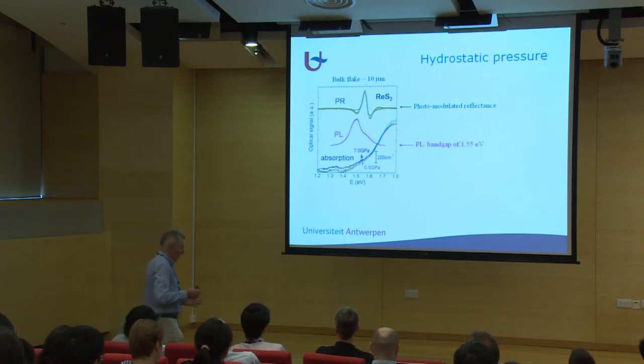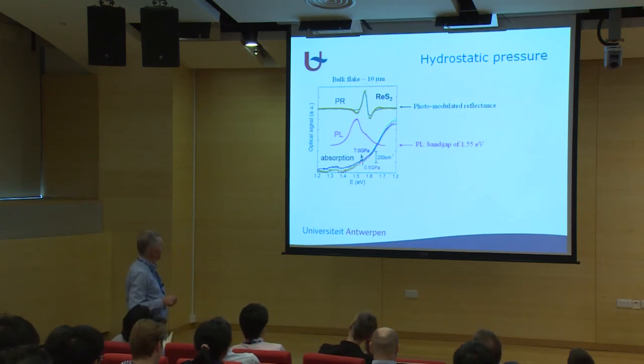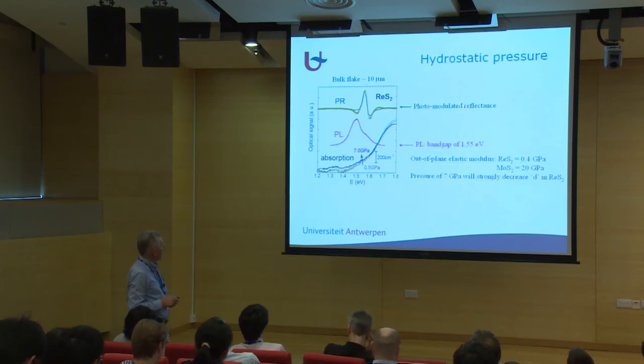Now, of course, if you have very weakly bonded layers, then the one thing to do is simply apply pressure and see what happens. You see that if you look at the absorption, it almost does not change even if you apply pressures up to 7 gigapascal. The band gap also does not change much, and the photomodulated reflectance also not.